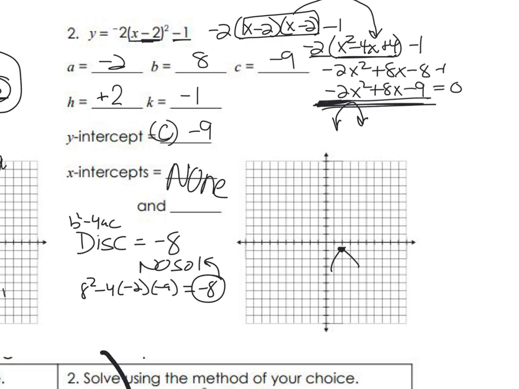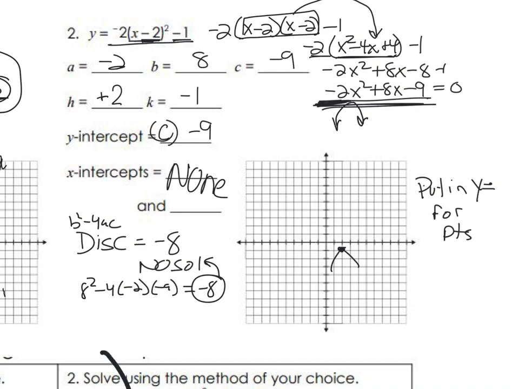Now, I don't have any other points. What I would do is put this in y equals and look for some points. So let me see. I haven't done that. If I put it in the calculator, y equals, let me clear that out, -2 times x minus 2 squared, minus 1.